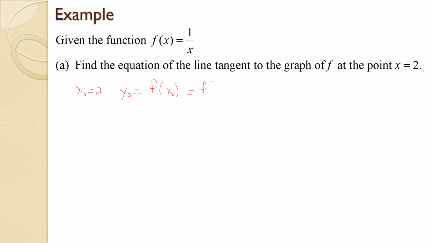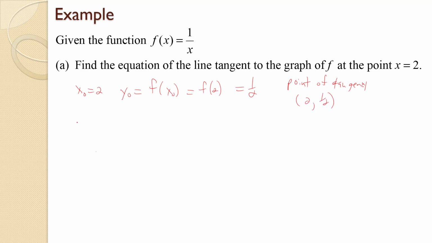In that case, that's f of 2. So that's just 1/2. So I now know the point of tangency. That is the point that's on the graph and is actually on the tangent line at the same time. So then the point is 2 comma a half.